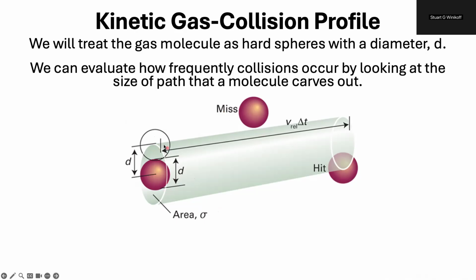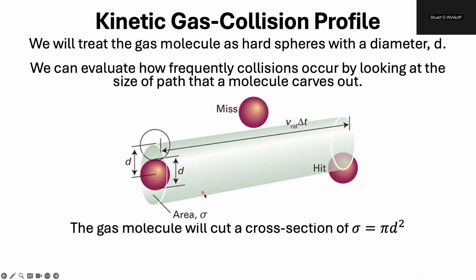So this tells us the cross-sectional area that a gas molecule will carve out. And since the radius is d, that means this cross-sectional area is going to be pi times the diameter of our gas squared. So we're going to carve out an area along the trajectory of this molecule. Now the question is, okay, now how many gas molecules am I going to hit along the way?